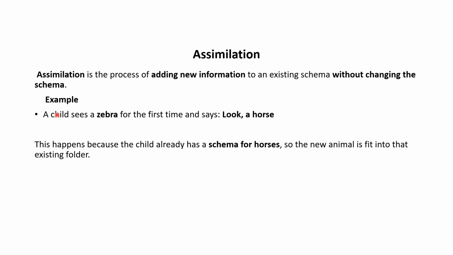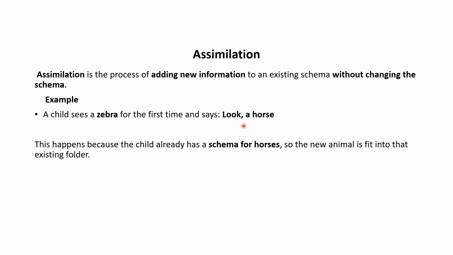So, for example, a child sees a zebra for the first time and says, "Look, a horse." The reason why the child is calling this zebra a horse is that the child already has a horse in the folder. So anytime it sees any animal, the child considers that one to be a horse.